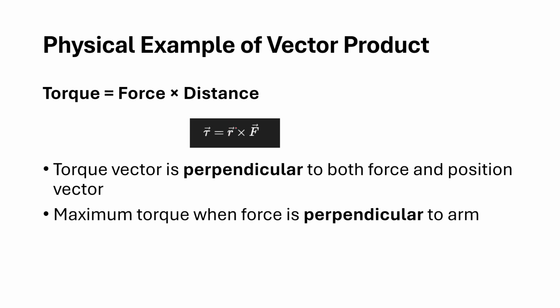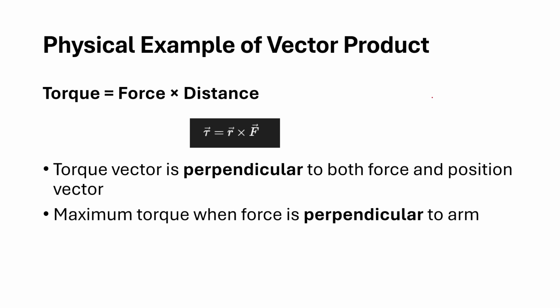It involves the rotation axis and the force, with a cross product between them, which gives us the direction of the torque. The torque vector is perpendicular to both force and position vectors. Maximum torque occurs when force is perpendicular to the arm.